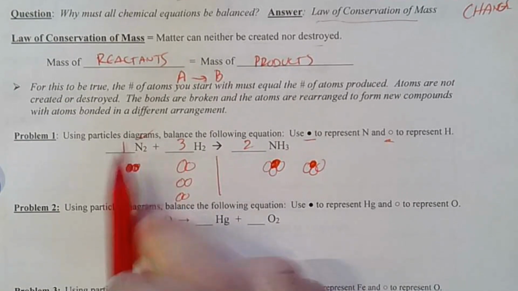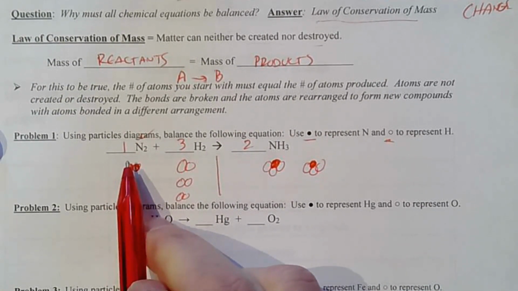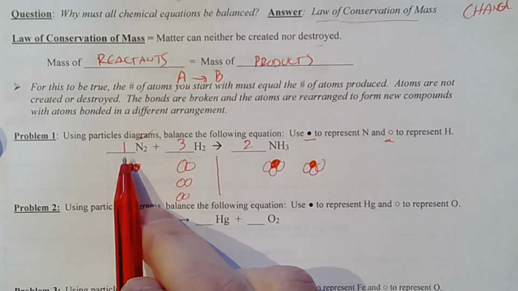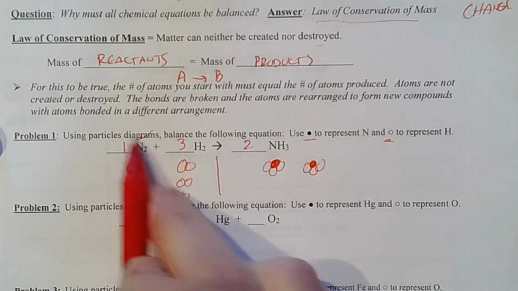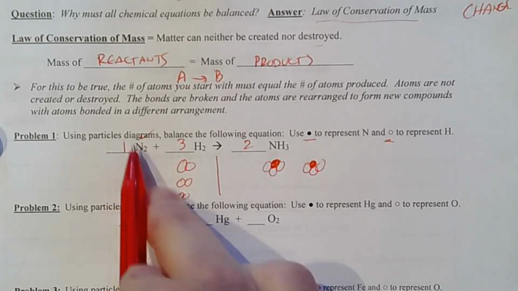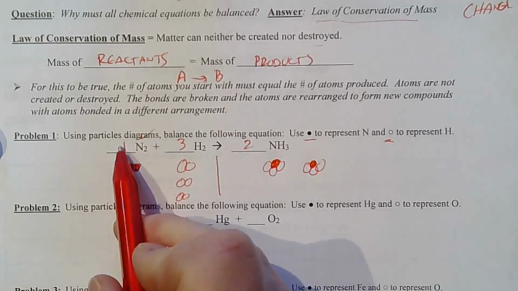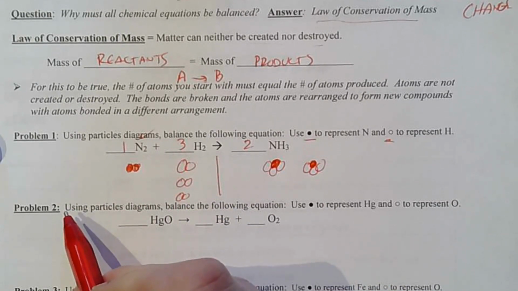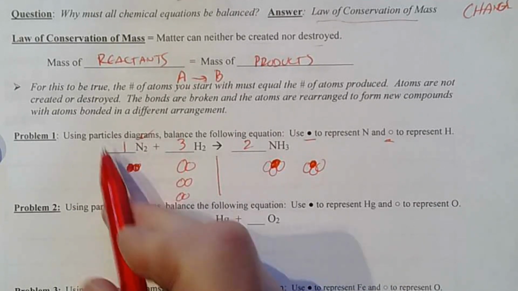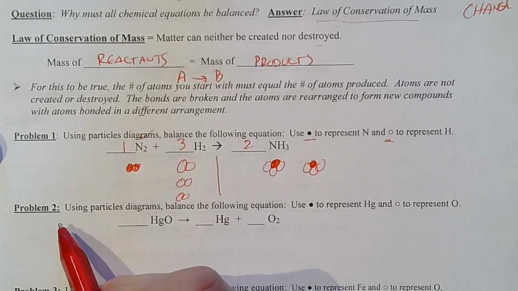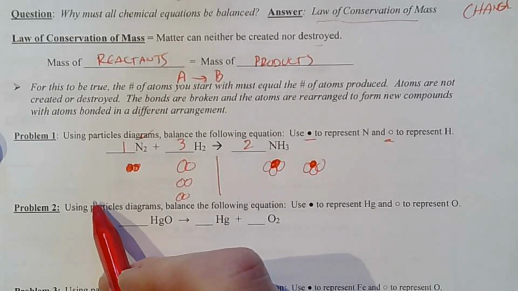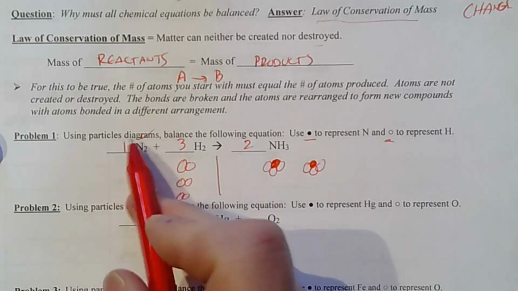Now, as I mentioned in class, if you're viewing this again after going over this in class, do you need to put the 1 here? No, not necessarily. It's not required. If you don't see a 1 in front of something in a chemical reaction, it is assumed to be a 1. Now, I would just strongly recommend that you get in the habit of putting 1 there.